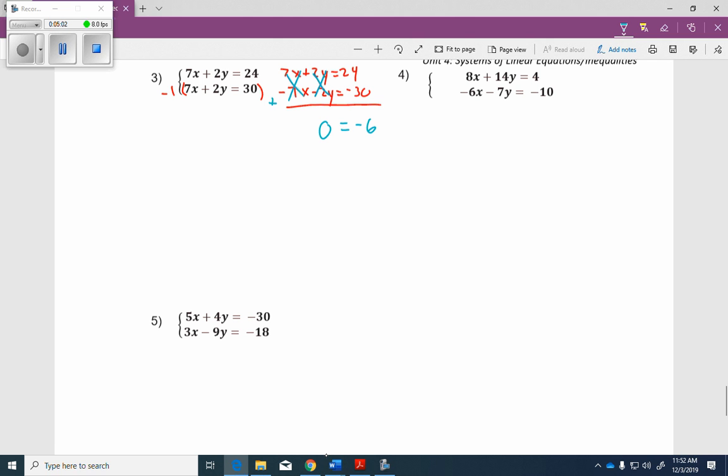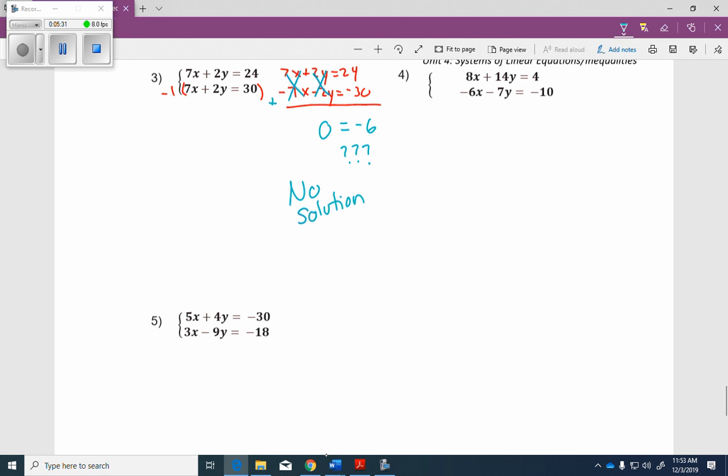And 0 does not equal -6, so this has no solution. Remember, lines that show no solution actually are parallel lines if we were to graph them. So if I were to get this into slope-intercept form and graph, I would have a pair of parallel lines. They do not share any points.